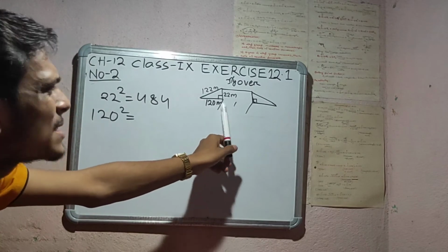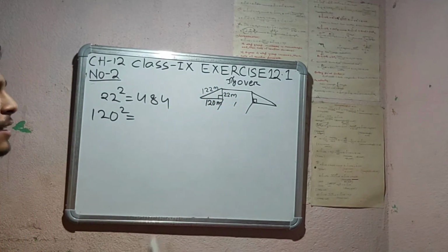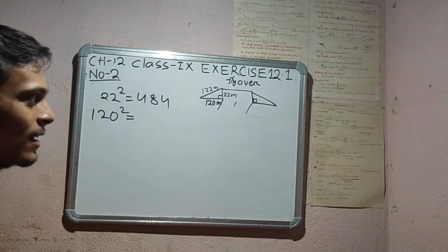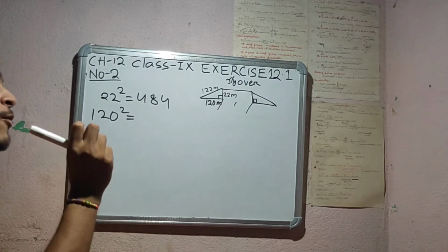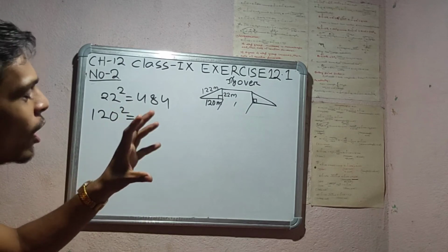From this figure you can also recognize that the triangle is a right angle triangle, and we can easily find the area of a right angle triangle. But Heron's formula is applied where the height cannot be found.